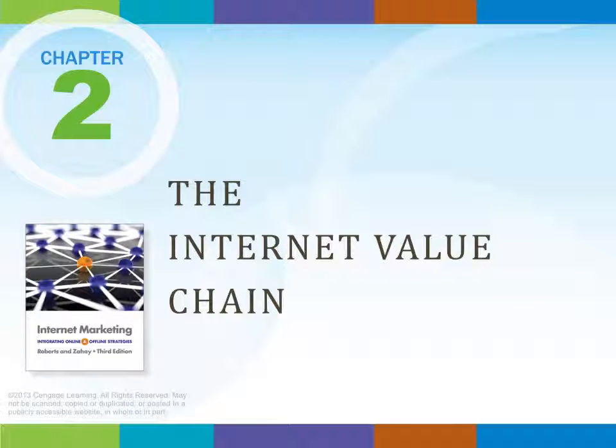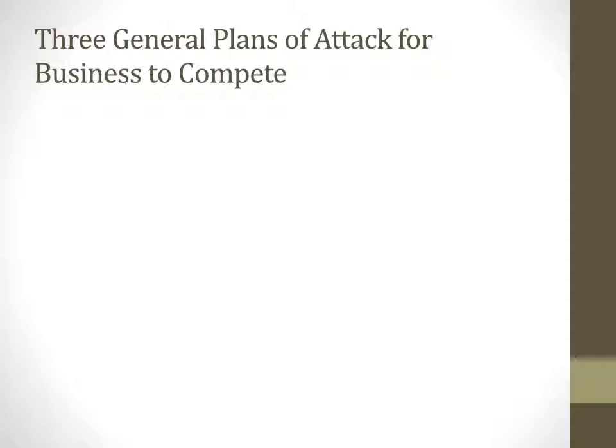So chapter 2 is really about strategy. There are 3 plans of attack for a business in general to exercise. The first one is to produce the product or service cheaper. The second one is to produce or provide the product or service better.